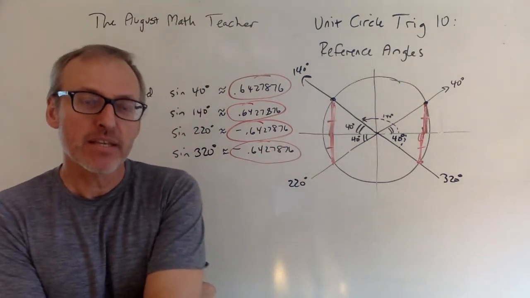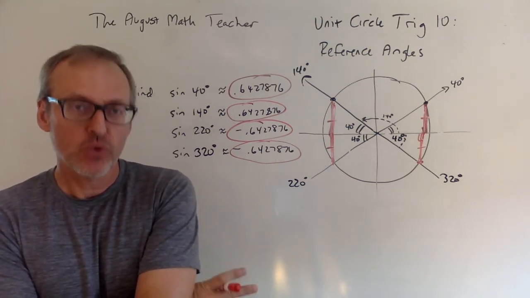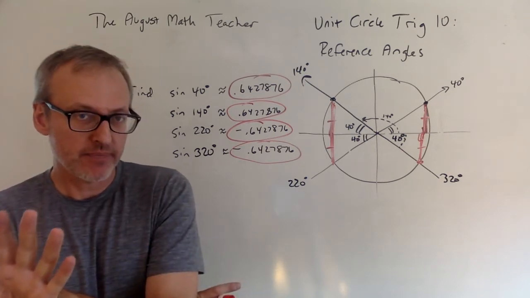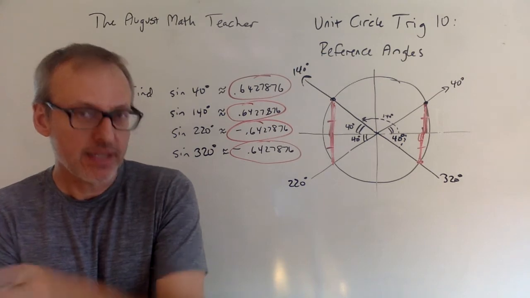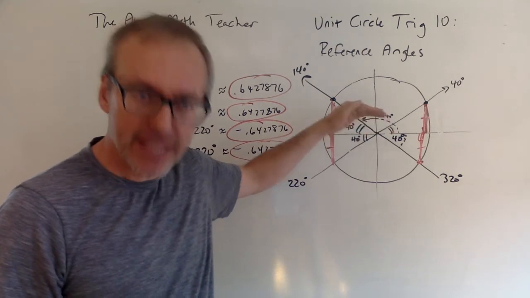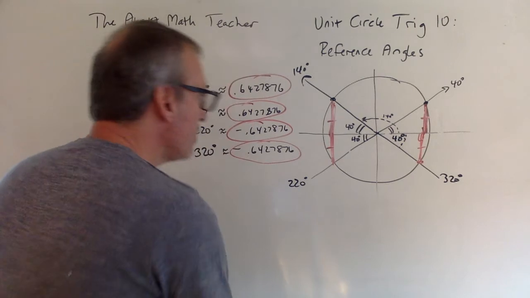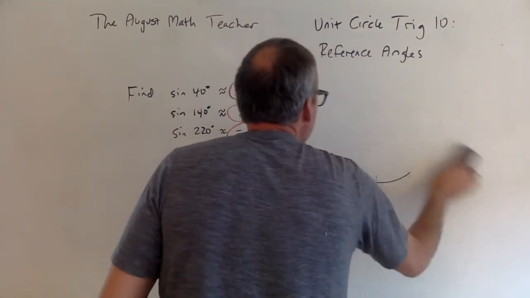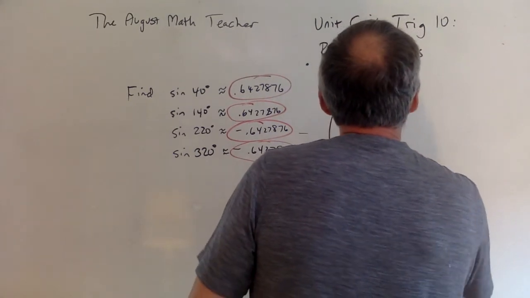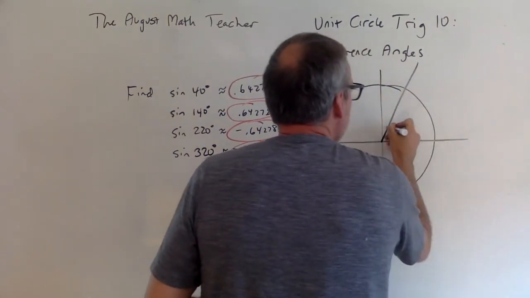So, here's the thing. All four of these angles really have the same sine values, barring pluses or minuses, because the angles they make with the x-axis are the same. In general, if you have two angles that make the same angle with the x-axis, forget about 40, just pick something else, like maybe that angle.